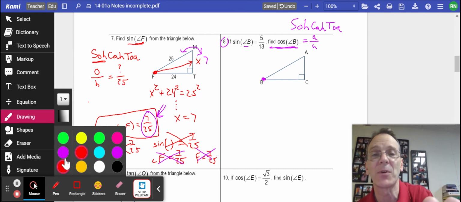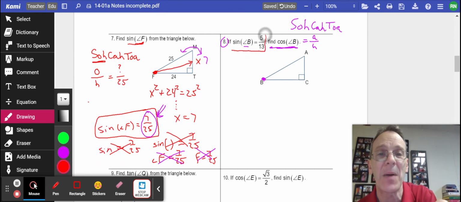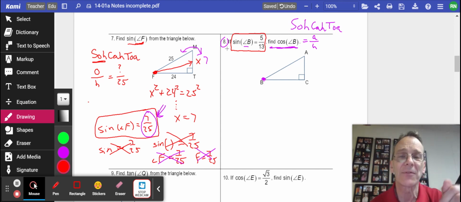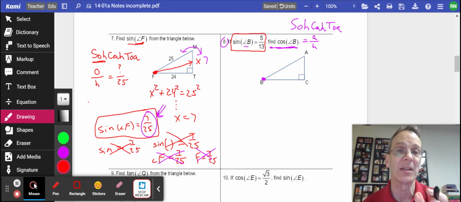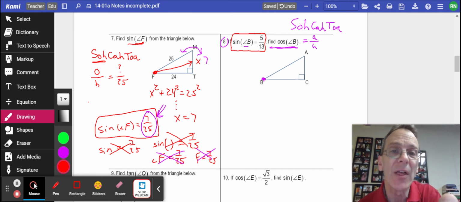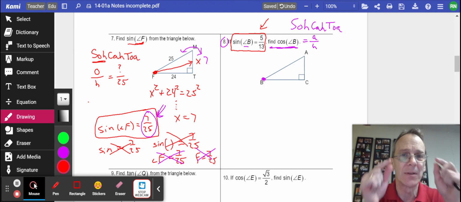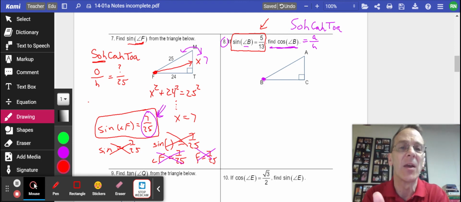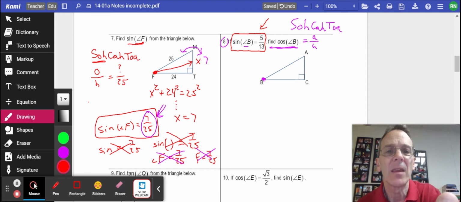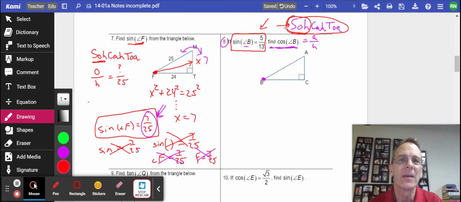Some of you may have noticed that we've been given some information about this angle B. What you have to learn to do right now, because there are about 3 or 4 homework problems like this, is insert this information about angle B into the picture of the triangle. That's how we're going to then be able to find the cosine of angle B. Recall from this word here, using this three-letter block, that the sine of an angle is determined by dividing the opposite side length by the hypotenuse side length.